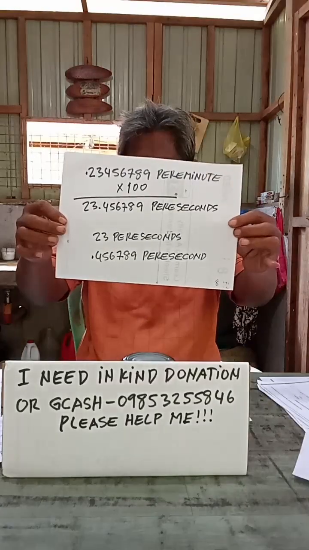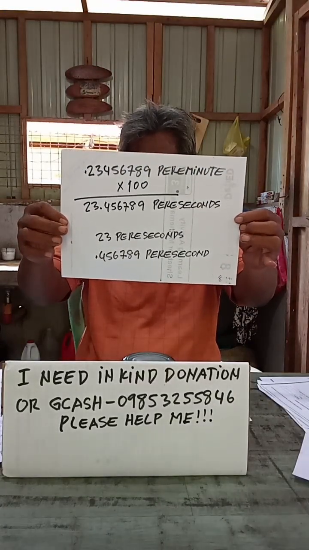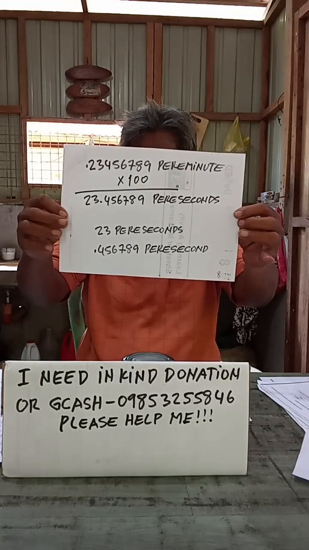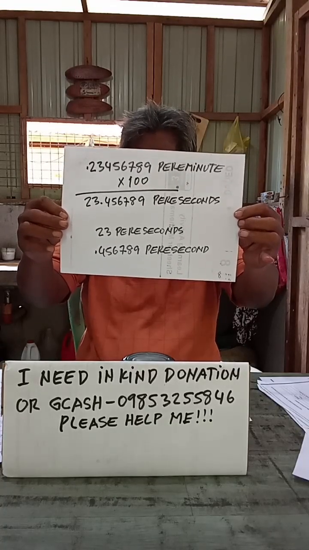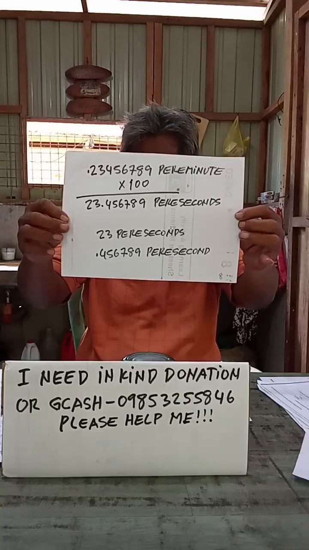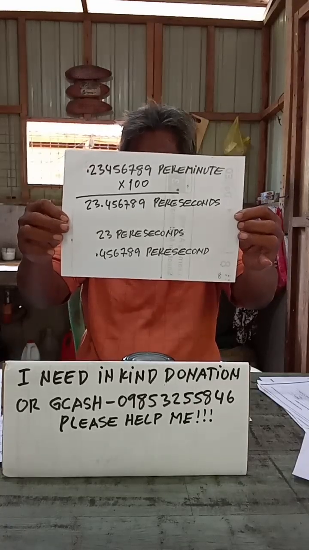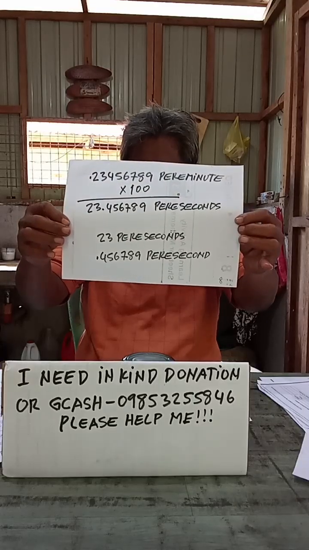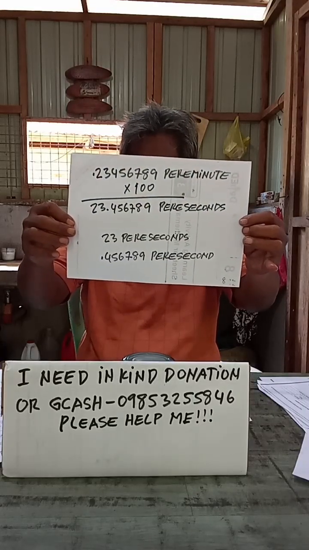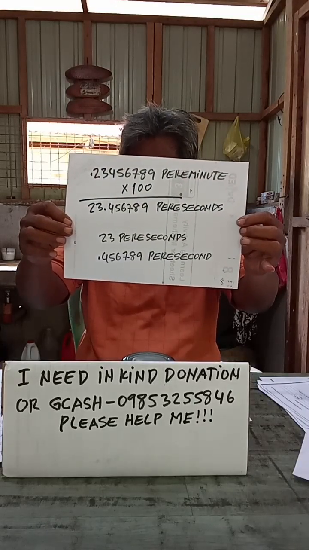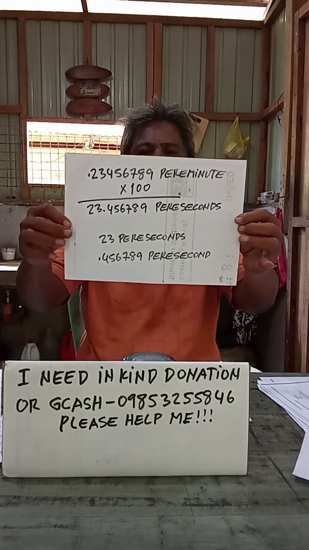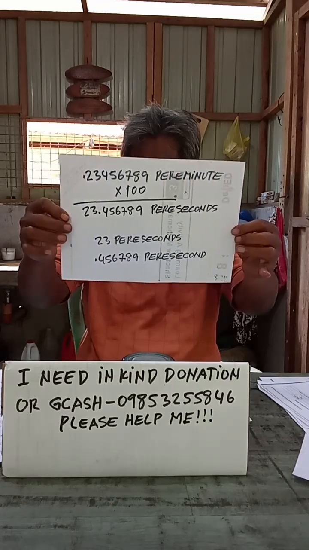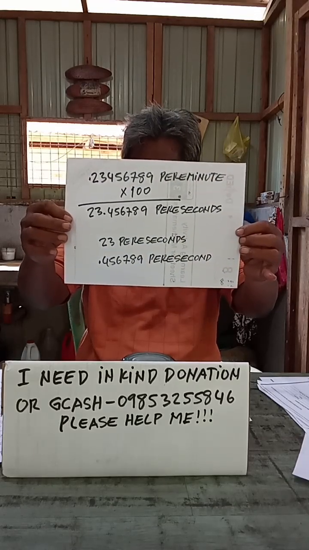The smaller unit than per minute is per second. Then 1 per minute is equal to 100 per seconds. So multiply decimal per minute by 100 or move 2 decimal places to the right, and the product is 23.456789 periseconds. So we have now 23 periseconds from the decimal per minute.